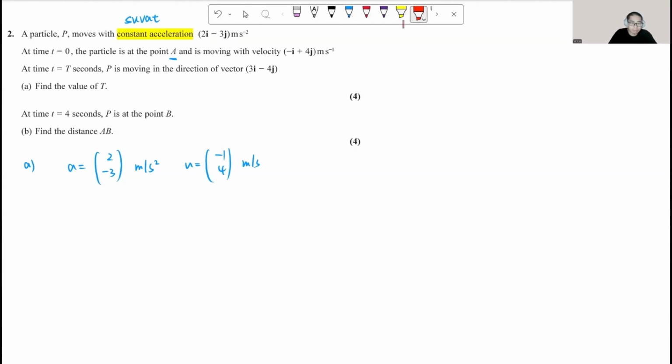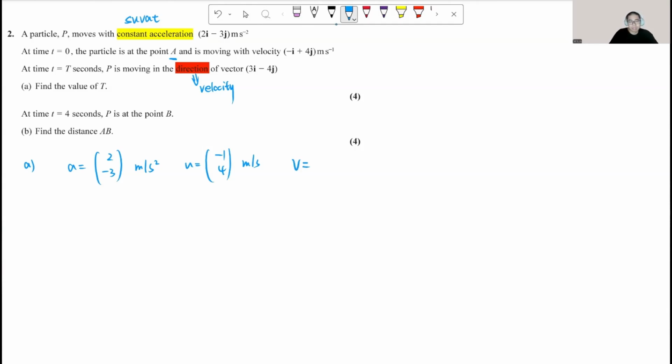So every time they talk about the direction of motion, that has to do with the velocity. So that means we need the velocity vector at time t equal to capital T seconds, and then we want to find the value of T.